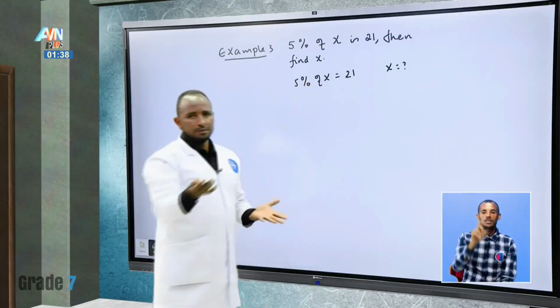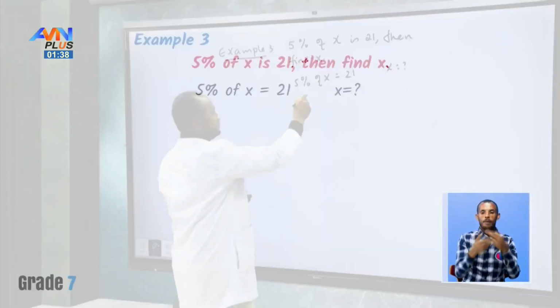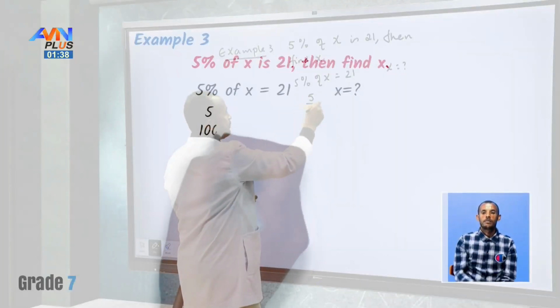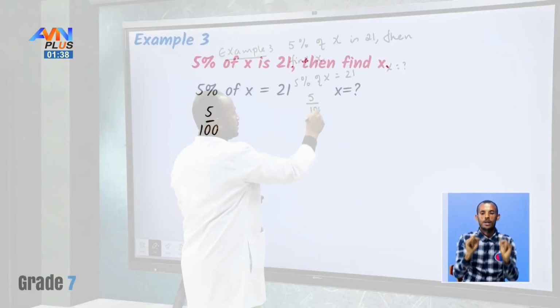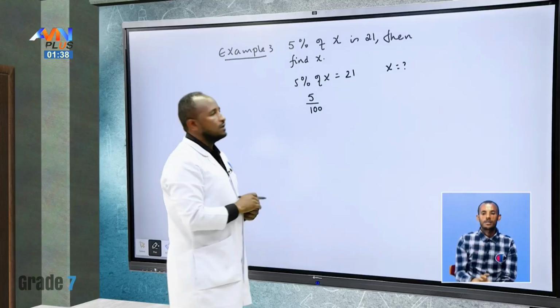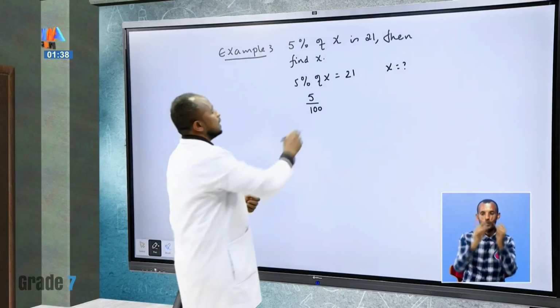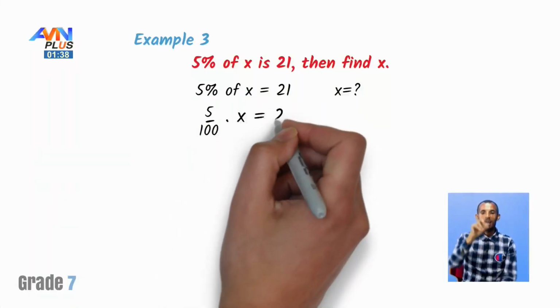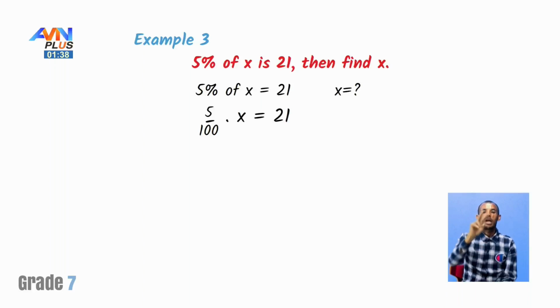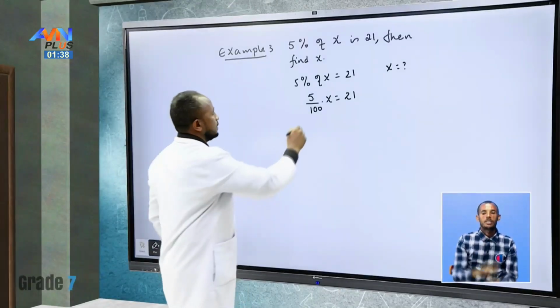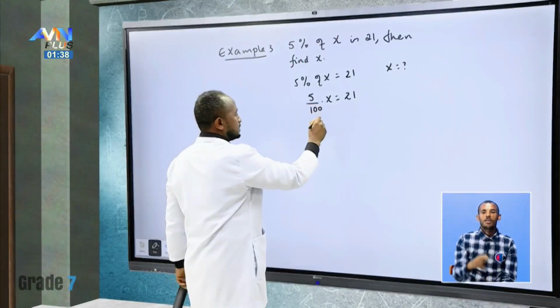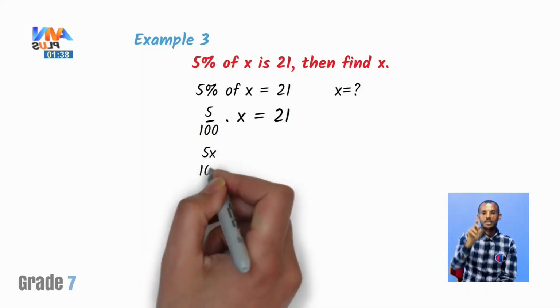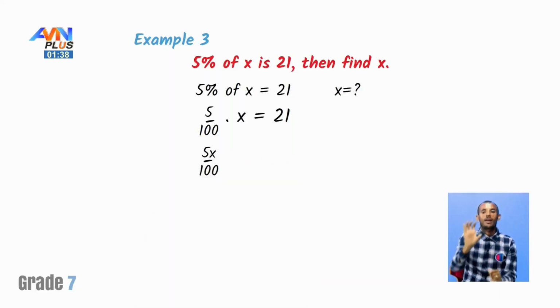Of means times. Therefore 5% means 5 out of 100, 5 over 100 times x gives you 21. Therefore 5 times x, it is 5x over 100 gives us 21.